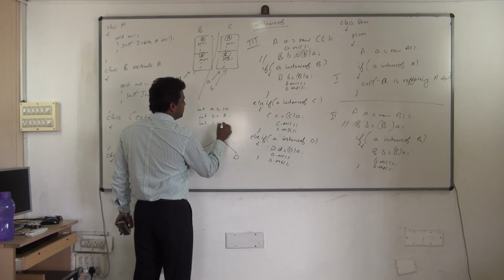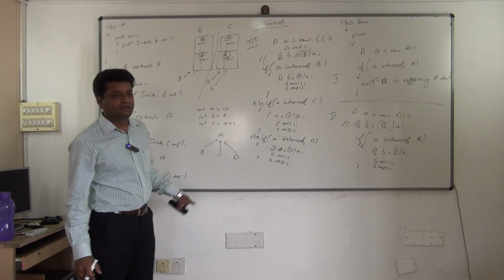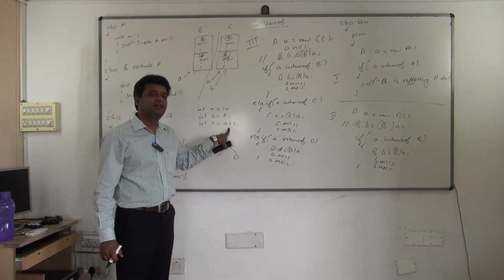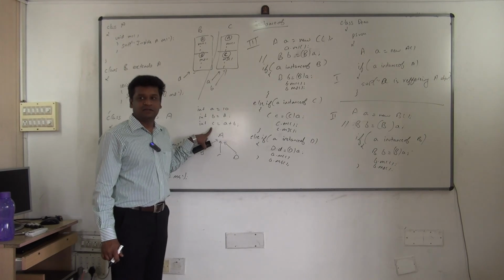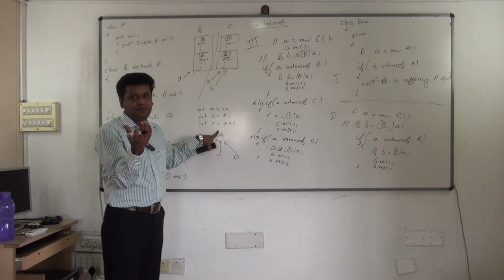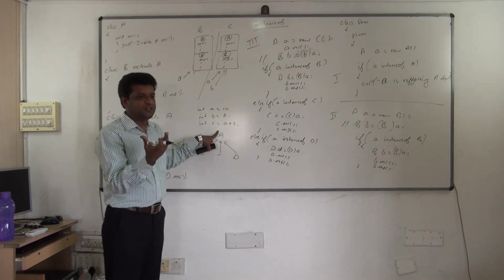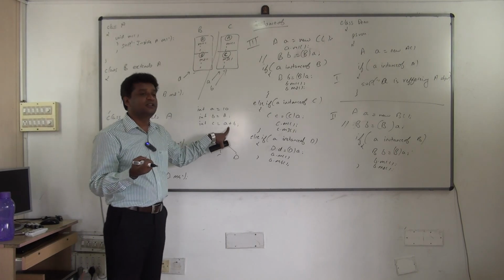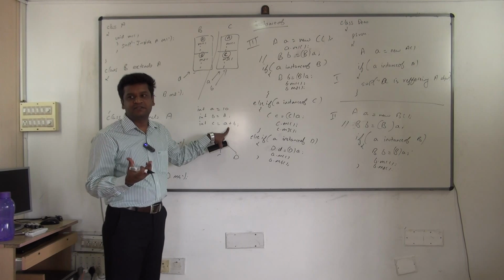Int C is equal to A plus B. So what is plus? Arithmetic operator. The result of the arithmetic operator I am storing in C. Always, operators generate an expression, and this is called an arithmetic expression, and the result of an arithmetic expression is always a numerical value.